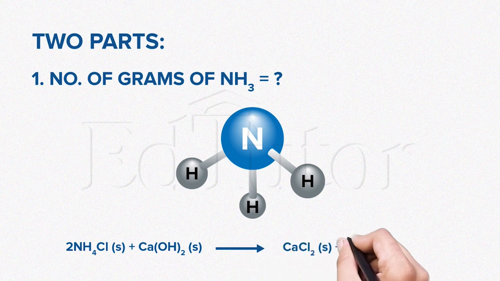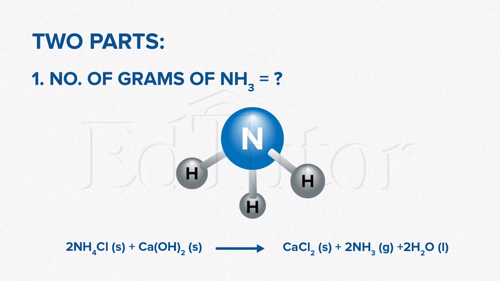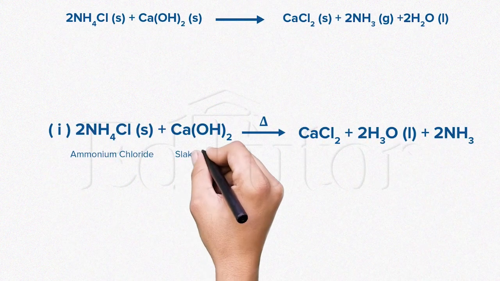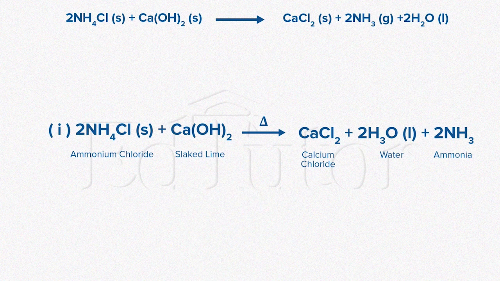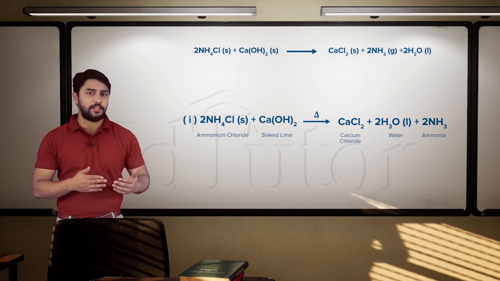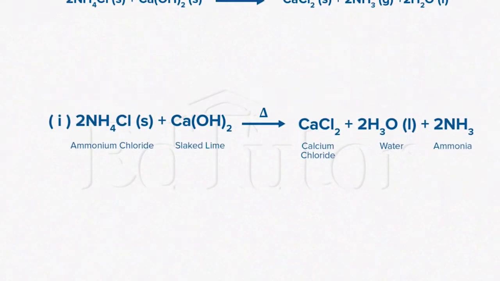So, before we move on to solving that, we need to look at the balanced equation for this reaction. We will have 2 moles of ammonium chloride reacting with 1 mole of calcium hydroxide, which gives us 1 mole of calcium chloride, 2 moles of ammonia gas and 2 moles of water.